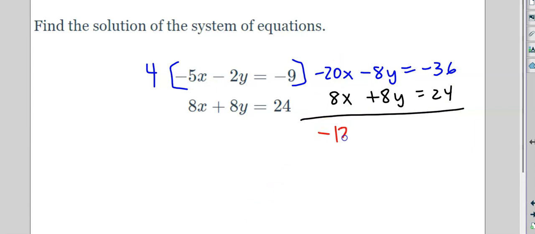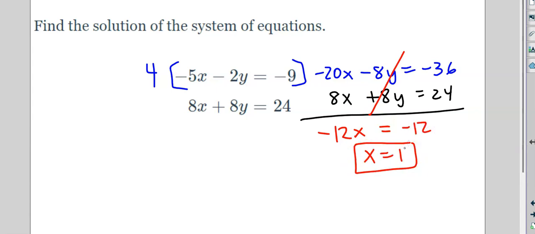Combine. And solve. Choose any sentence that you want. I'm going to choose the second sentence this time. Erase and replace.